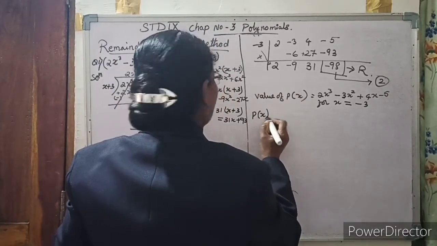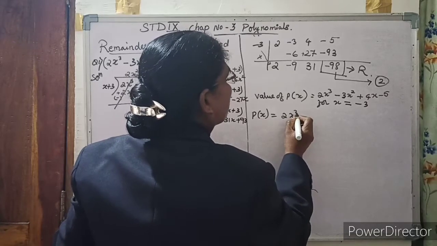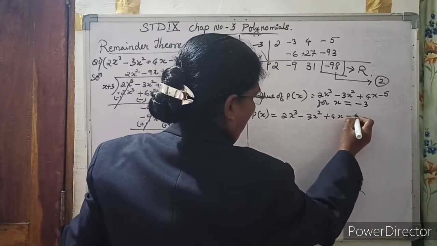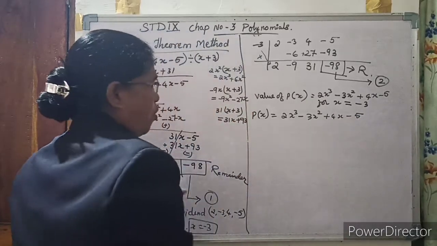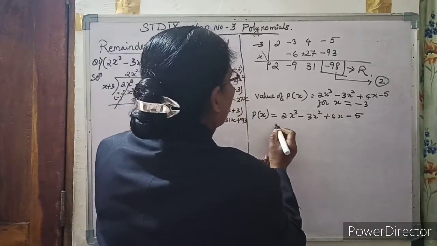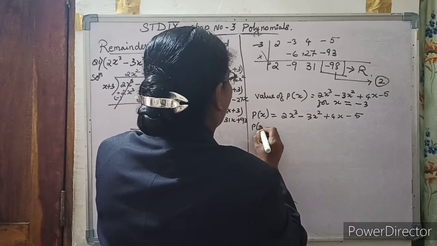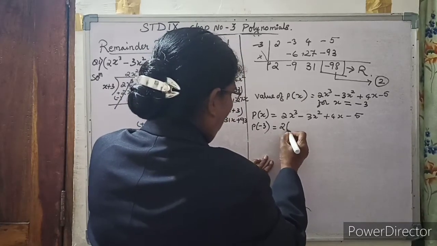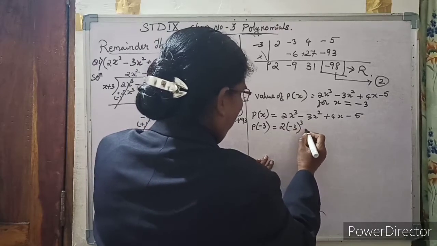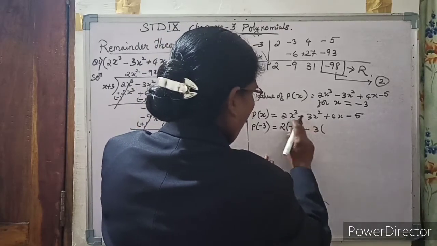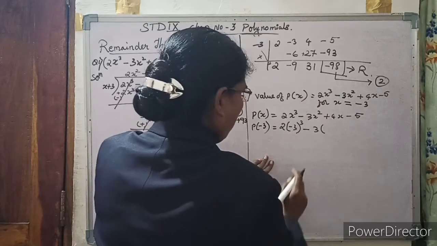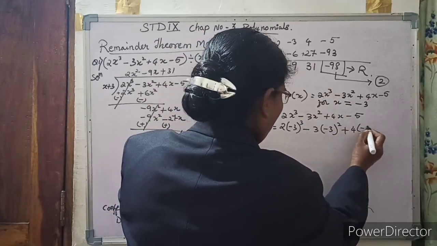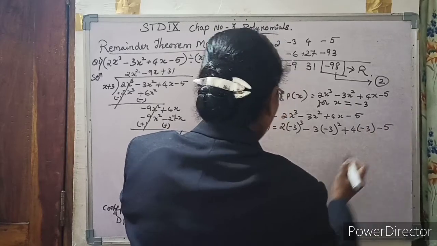Polynomial p(x) is equal to 2x cube minus 3x squared plus 4x minus 5. Now substitute x equal to minus 3. That is p(minus 3) equal to 2 into minus 3 cube minus 3 into minus 3 square plus 4 into minus 3 and minus 5 as it is.